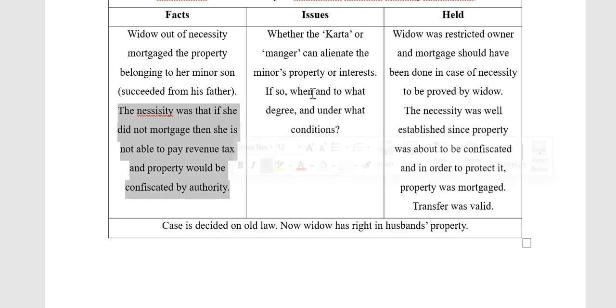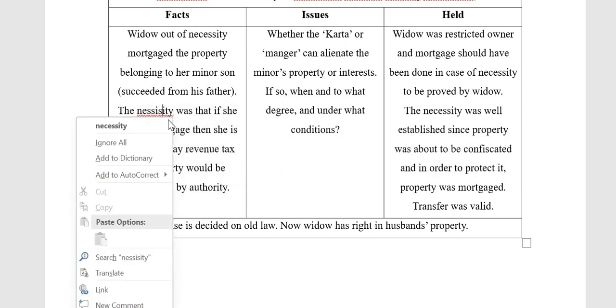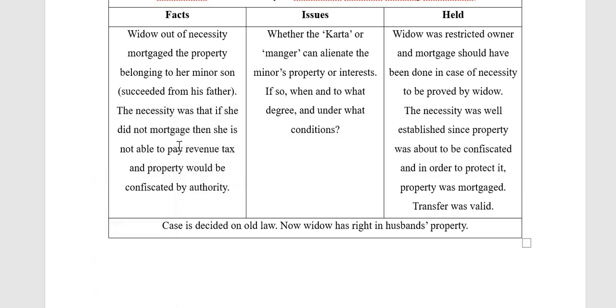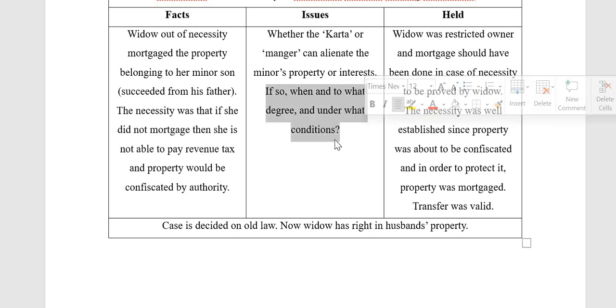अगर property को mortgage ना किया जाए तो property पे जो tax है वो नहीं चुकाया जा सकता, और वो टैक्स नहीं चुकाया जाएगा तो प्रॉपर्टी को गवर्नमेंट कॉन्फिस्केट कर लेगी, अटैच कर लेगी, उसकी कुर्की हो जाएगी फिर. So now the issue was, if so, when and to what degree and under what conditions Karta and manager can alienate the property.